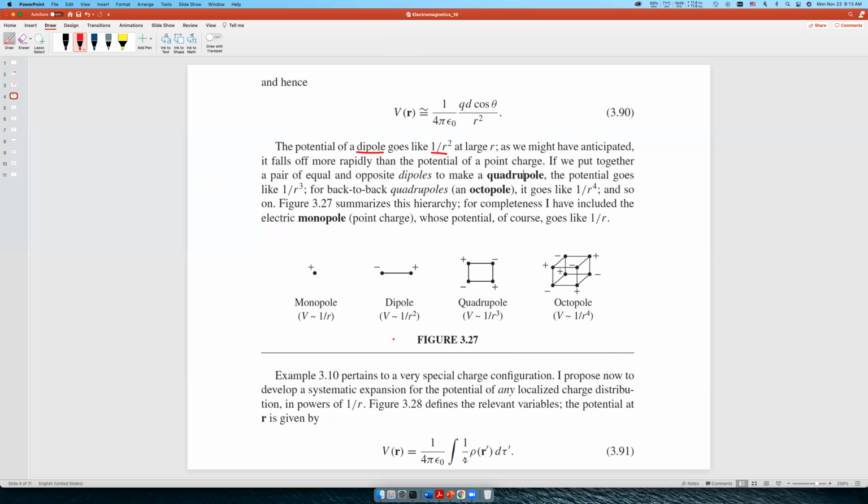And let's see some other example. Okay, let's see.